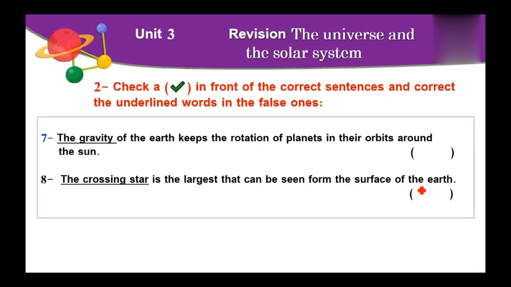Question number 7. The gravity of the Earth keeps the rotation of planets in their orbits around the Sun. This statement is not correct or correct?